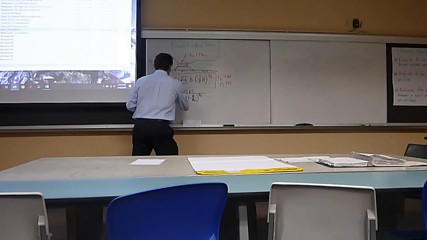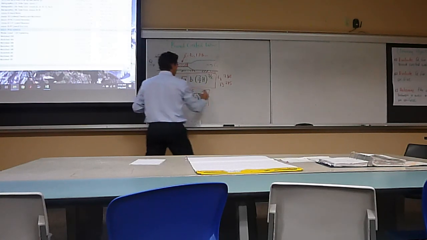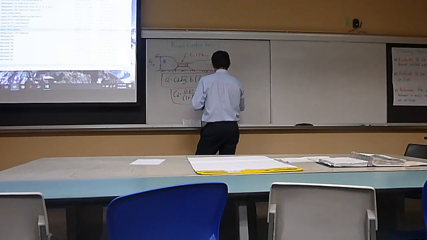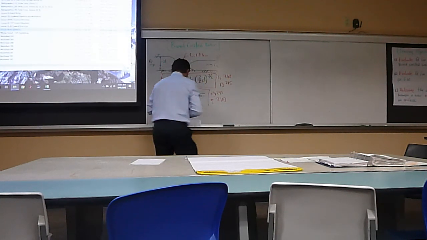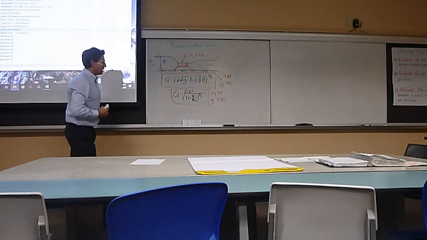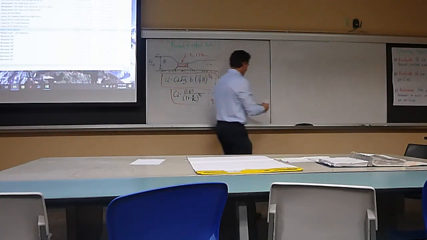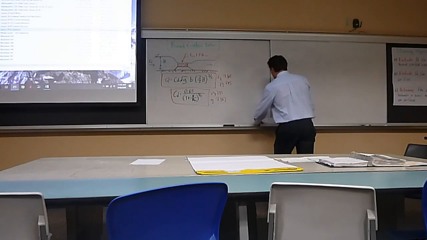And this is also on page 295, and it is equation 7.102. So that gives you an idea for the broad-crested weir, how you can actually do the calculations for that.